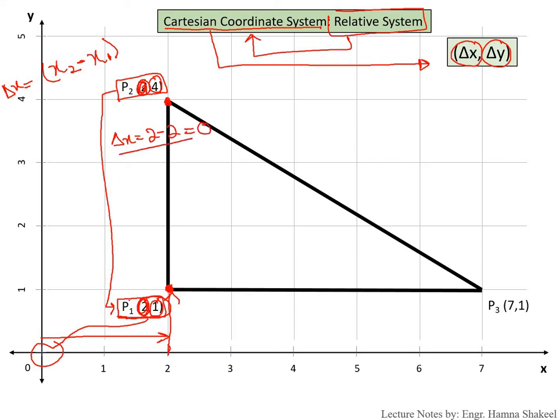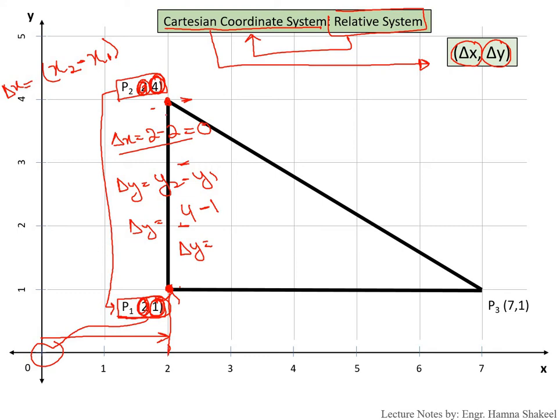In the y direction, if you move from P1 to P2, you can see that you're moving 1, 2 and 3 units. So for delta y, it's y2 minus y1. y2 in this case is 4 and here y1 is 1.